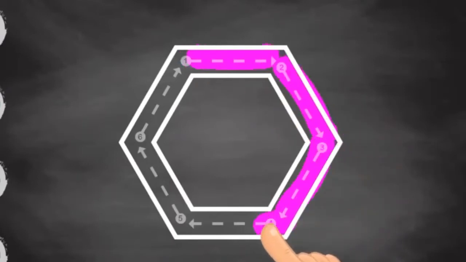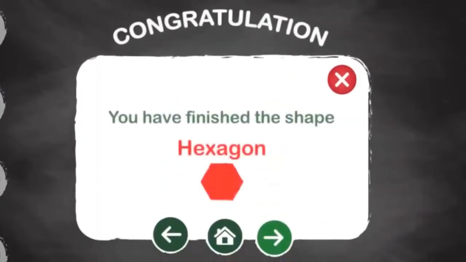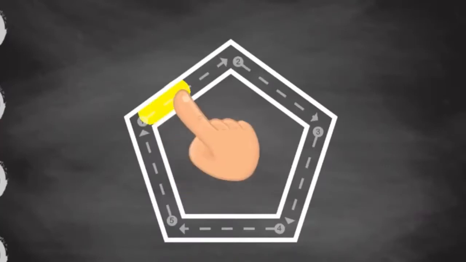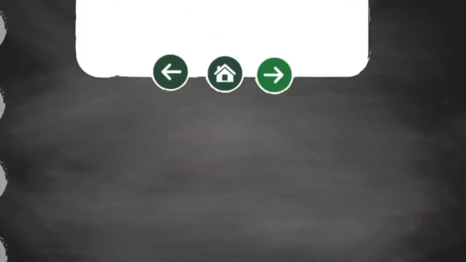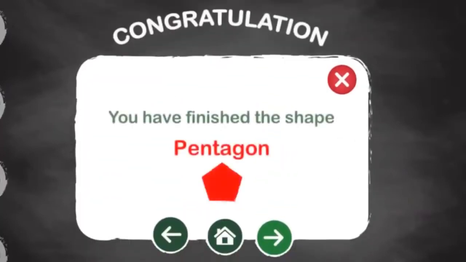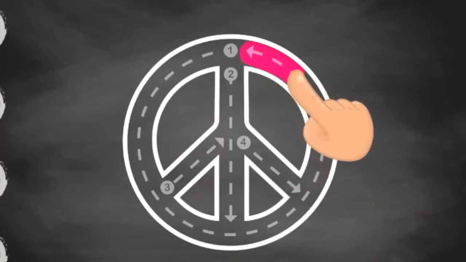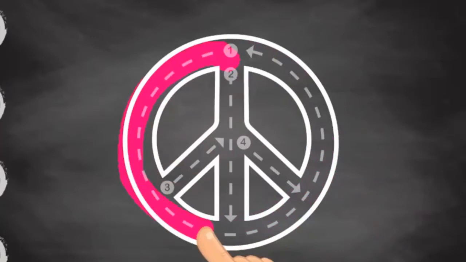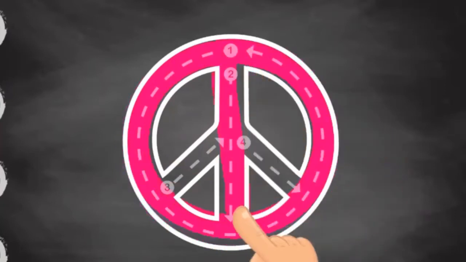Come on. Alright. That is a circle. That has too many sides. 5, 6 sides. That's a hexagon. 1, 2, 3, 4, 5, and that's a pentagon. 5 sides. Oh, that's a sign.